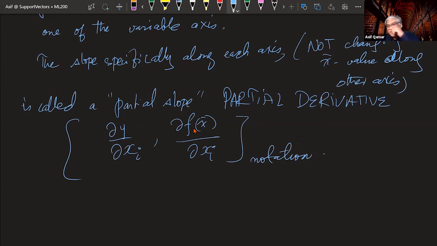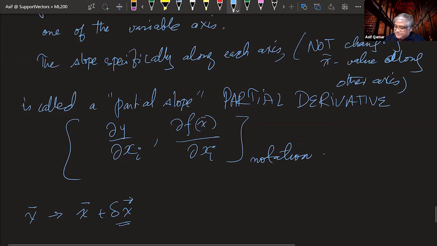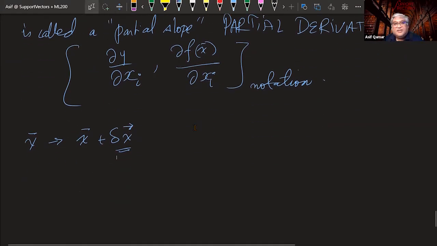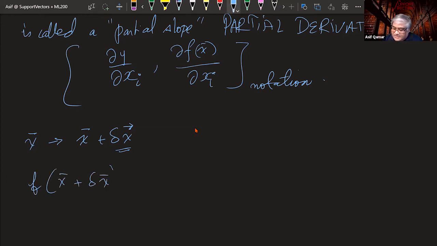So then comes a very interesting question. Suppose I make a change from the vector x to x plus delta x, meaning I make small changes along each of these values. How much change do I get? It is worth asking what is the value of the function at x plus delta x.